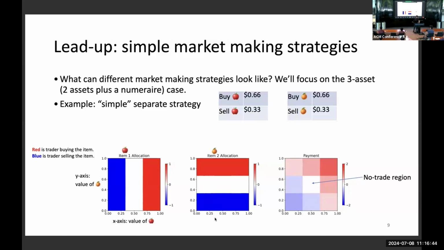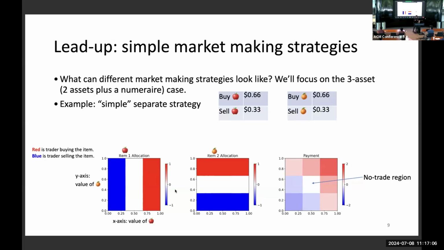The figure on the left is the allocation function for the first item. The middle one is the allocation for the second item, and the third one is the payment function. For each of those 3 figures, the x-axis is the trader's valuation of item 1, and the y-axis is the trader's valuation of item 2.